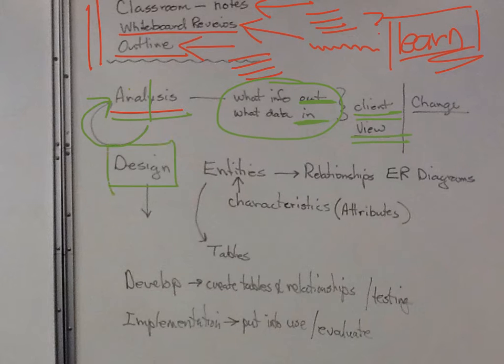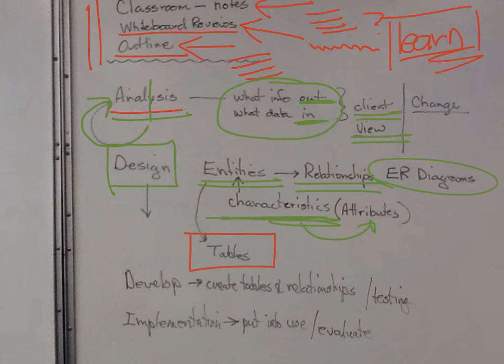And then in the design, we start looking at our entities, what relationships they have, and we can create entity relationship diagrams. Entities have characteristics which we refer to as attributes. From the entities, we can start thinking about developing our tables.